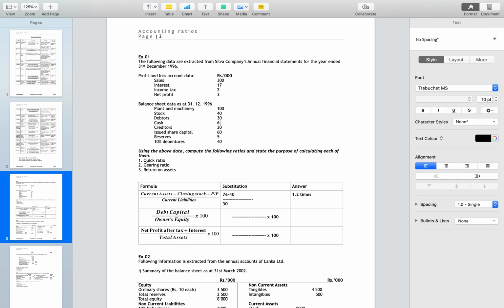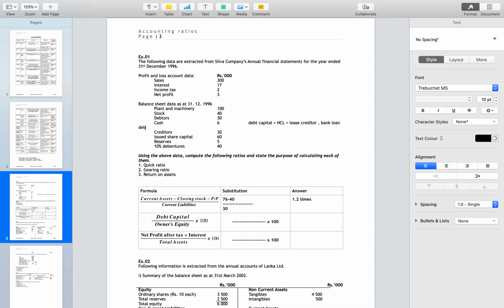So the types of non-current liabilities that you can find in your paper: debt capital is equal to non-current liability. In your exam, non-current liabilities will generally be lease creditor, then you can have bank loan, and you can also have something called a debenture.